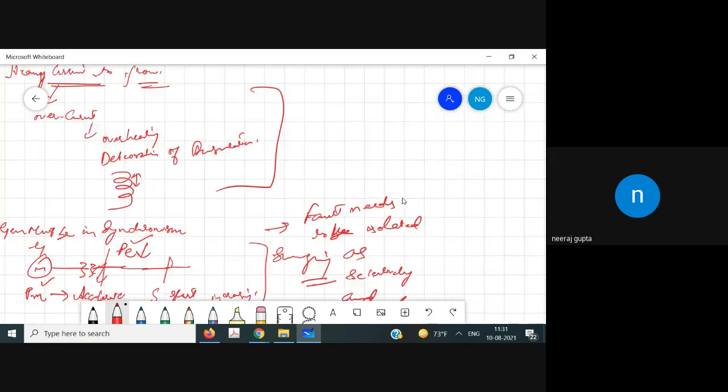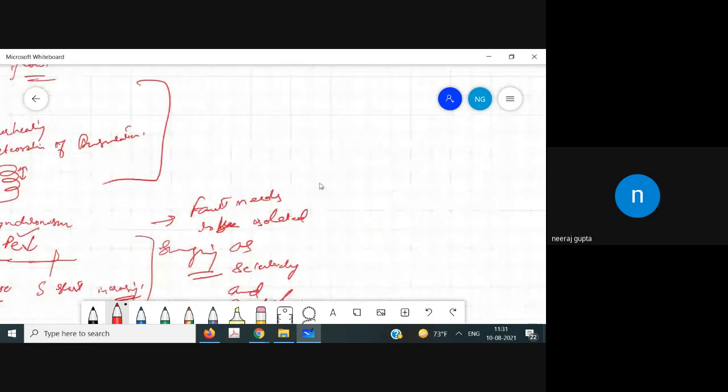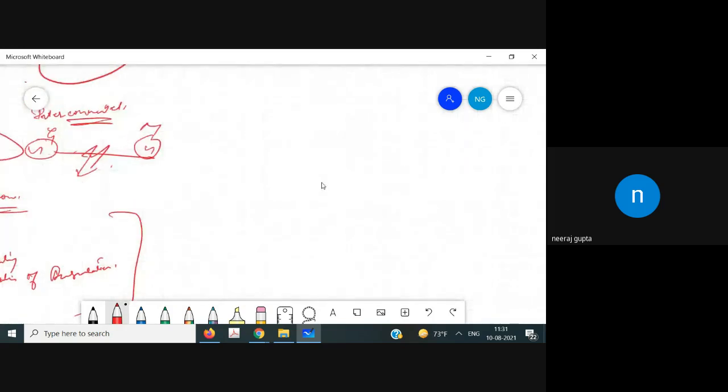Now we discuss the different classifications of the shunt faults.